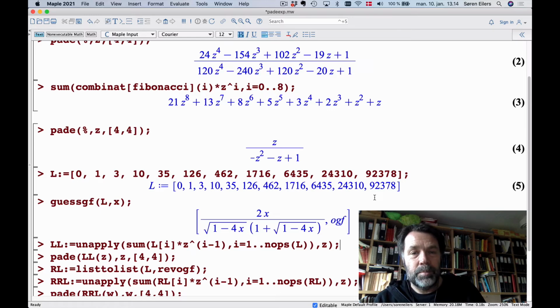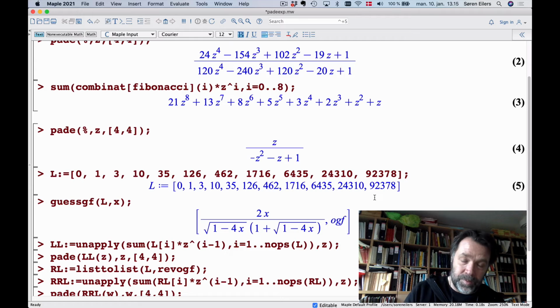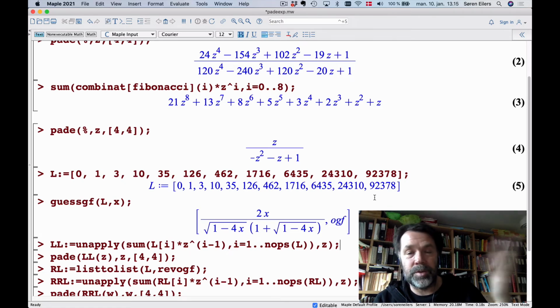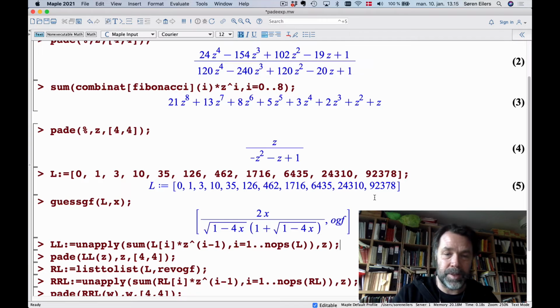But then we could get much farther by saying, okay, instead of trying to analyze the number itself this way, we can transform the number, like taking its logarithm or whatever, and then if we can recognize that, then we can go back. And it's exactly the same way that guessgf works.